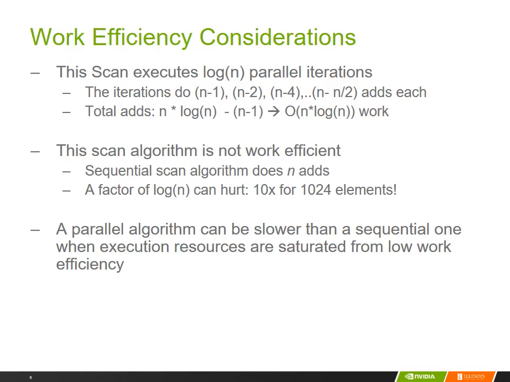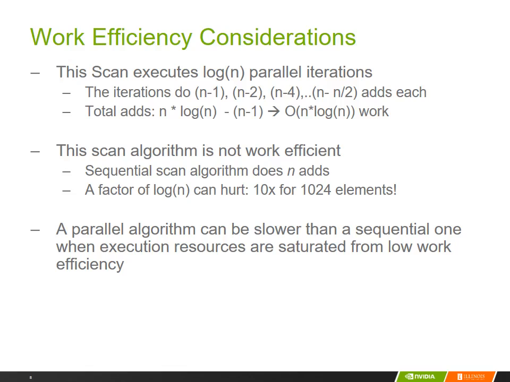And it is an improvement over the sequential algorithm where the loop is going to iterate n times. So we have reduced the number of iterations from n to log n for a reasonably big input array. Let's say with 1,024 elements, we have reduced the number of iterations from 1,024 down to 10.